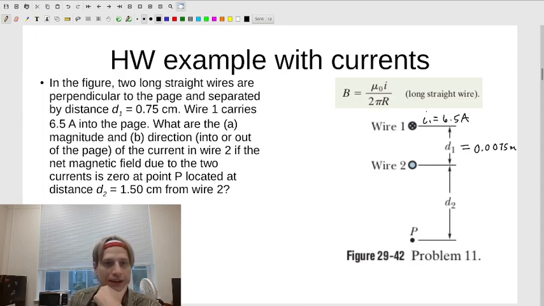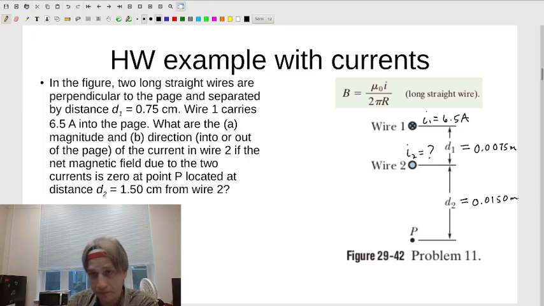What are the magnitude and direction, into or out of the page, of current 2 of wire 2? So we're looking for I2 equals question mark. If the net magnetic field due to the two currents is 0 at point P located at a distance 1.50 centimeters from wire 2, so this is 0.0150 meters.